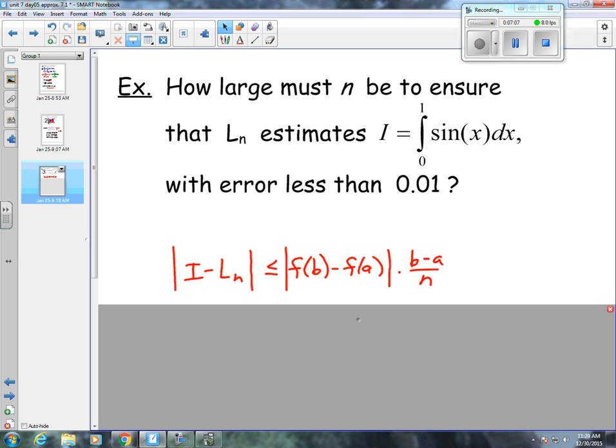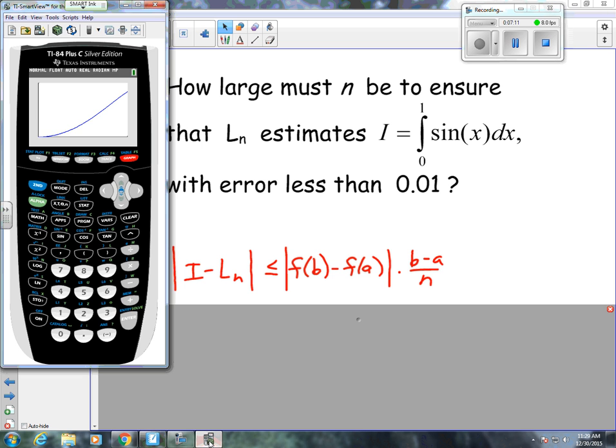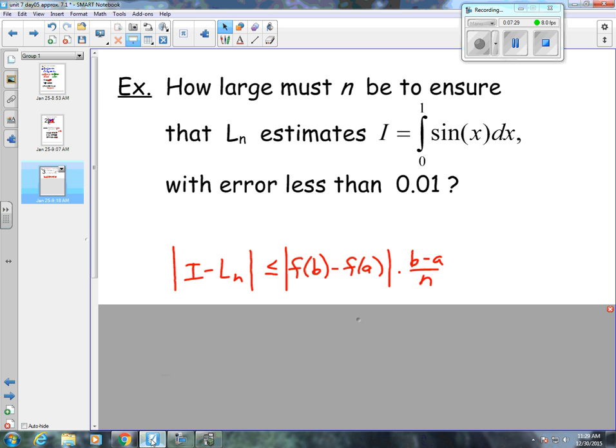Since we know the sine graph is strictly increasing between 0 and 1, here's our sine graph. So the theorem does apply, so I can use the error bound formula.